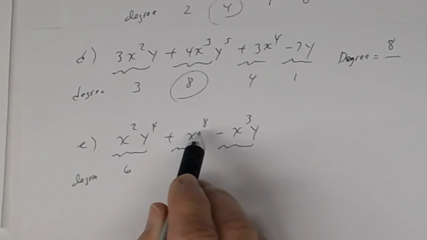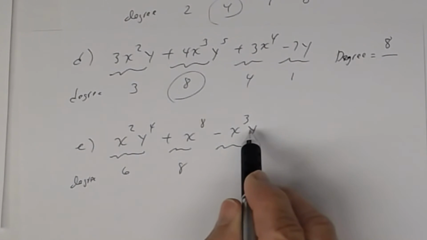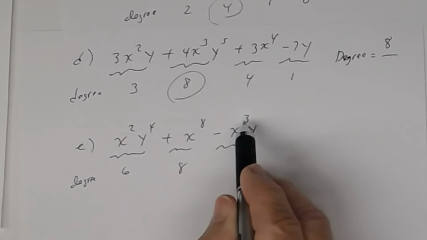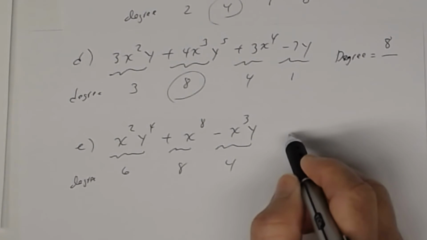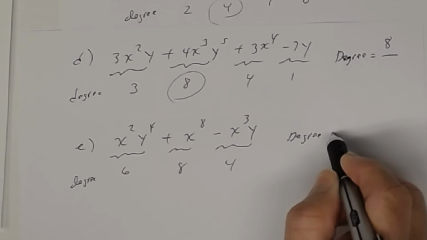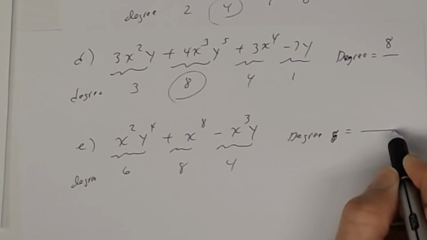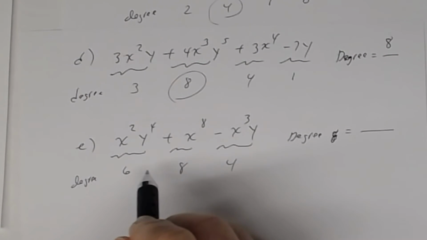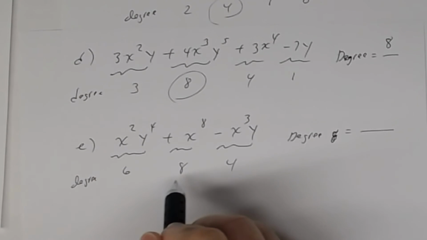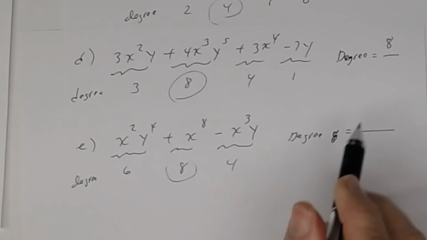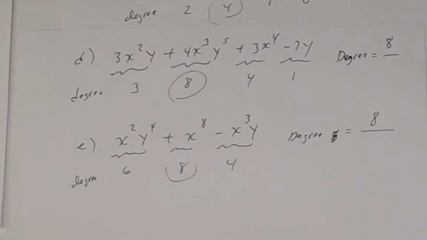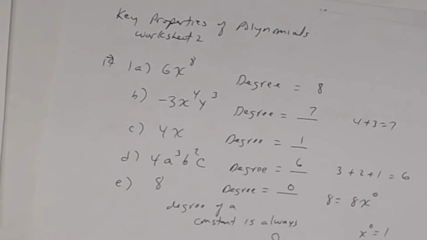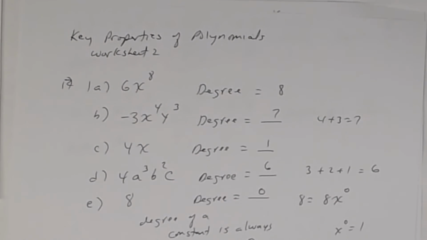Here there's only 1 variable, the degree is 8. Here there are 2 variables. This is 3, this is 1, 3 plus 1 is 4. And so therefore the degree of this polynomial will be the degree of the term that's the highest. So that'd be 8 here. So 8 again.